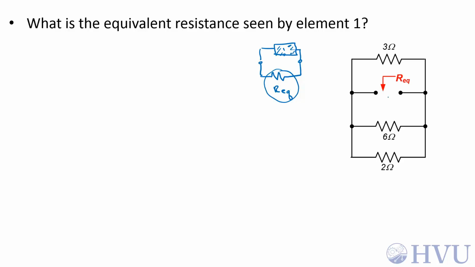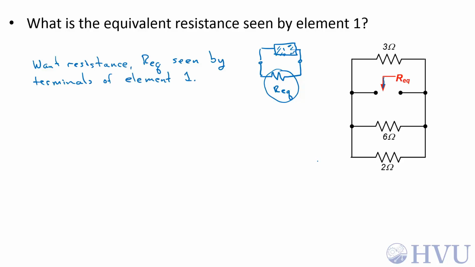That means that we want to take out element 1 and find the equivalent resistance across these two terminals. So we want to determine the resistance, which I'm going to call Req, across the terminals of element 1.